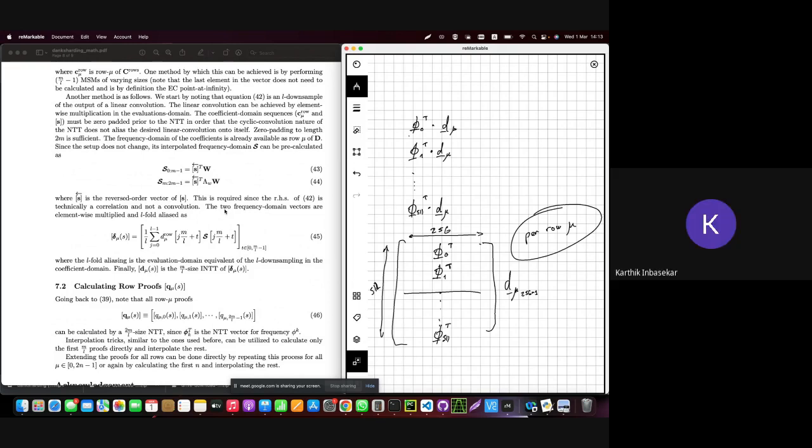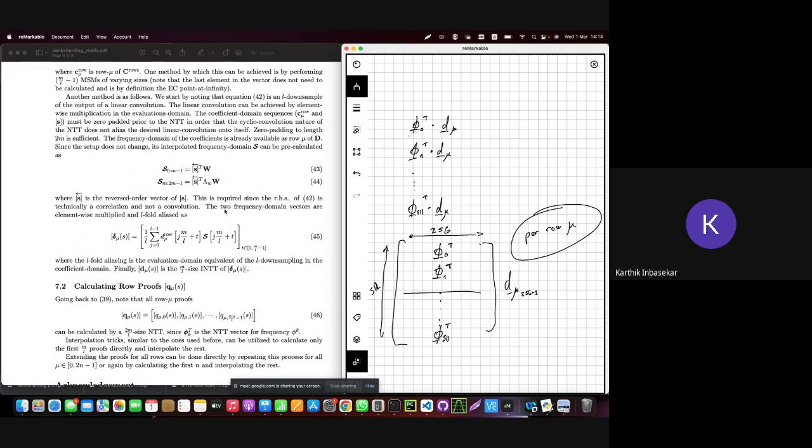In general, when you have the roots of unity, as you said some time back, you have a roots of unity vector, and then you have a coefficient matrix which is in Toeplitz form or triangular with some zeros, and then you have the SRS vector. So this is for one KZG opening at some root of unity. And when you have several such polynomials, you batch them.